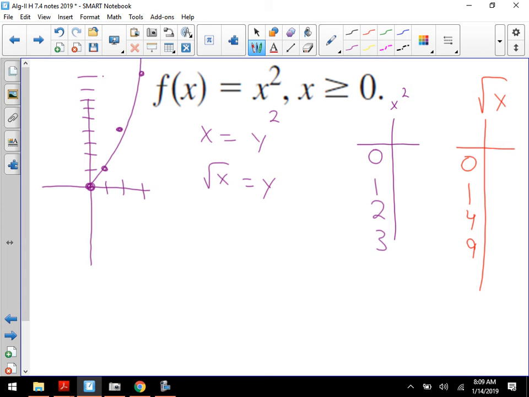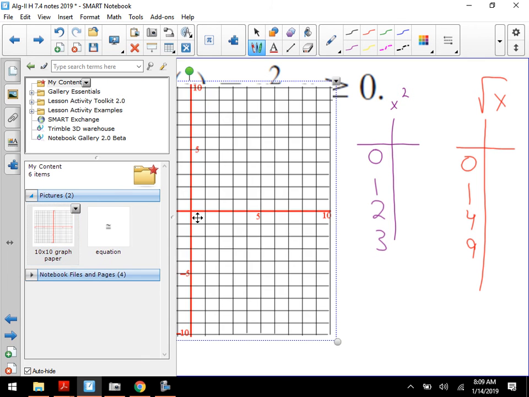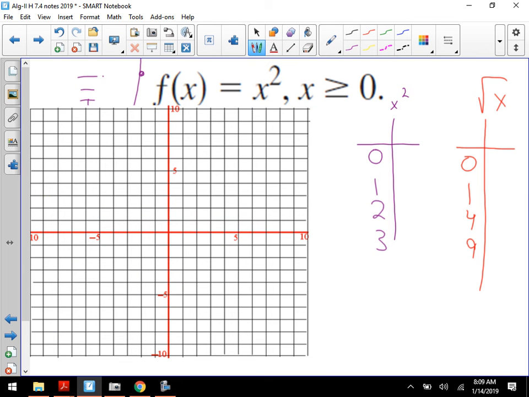Let me put a regular graph on here so you can see. So we have 0, 1, 1, 2, 4, 3, 9. So there was our first one. What's the square root of 0? 0. What's the square root of 1? 1. What's the square root of 4?